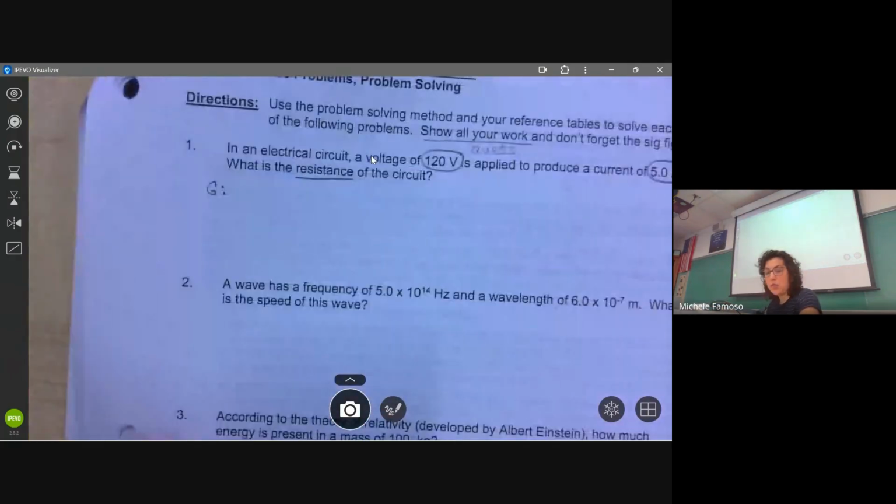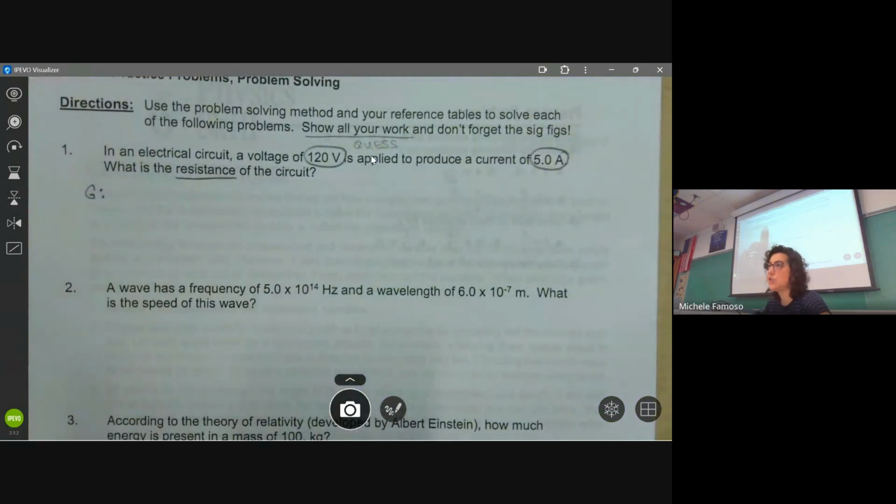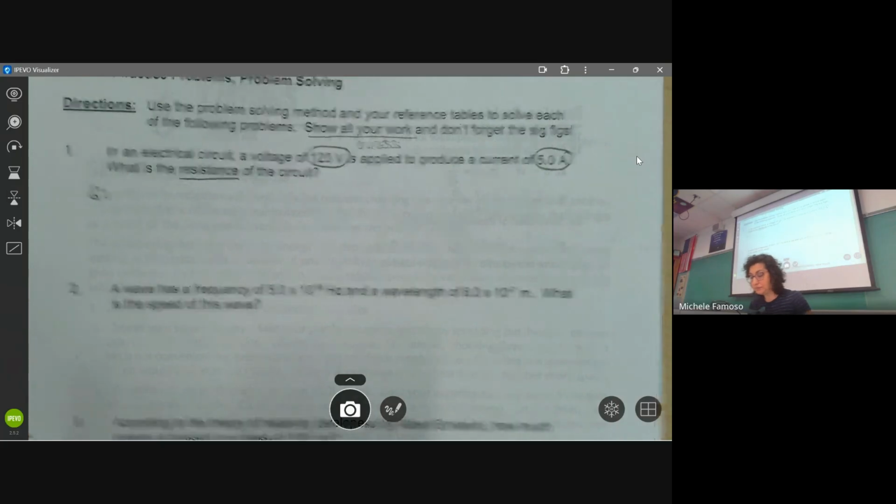Based on the wording of this question, which section of the reference table do you feel is probably the most appropriate section we're going to use? Yeah, right. It says electrical circuit. There's electricity in here. So we have to use a little bit of reading comprehension to help us figure out which page of the reference table we're going to work with. So right now we all need to turn to page 4. Now I'm going to teach you how to read this.